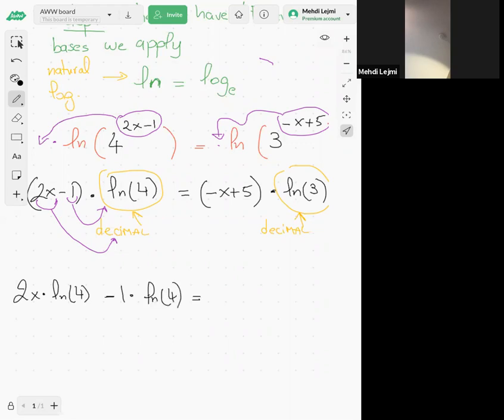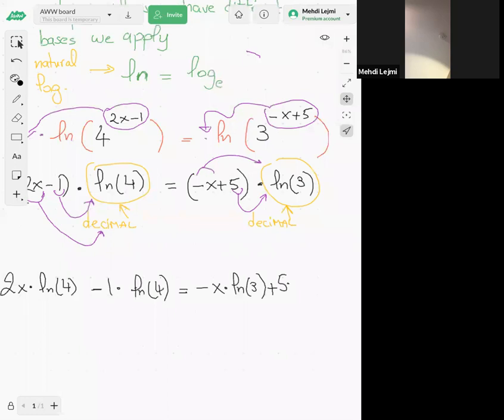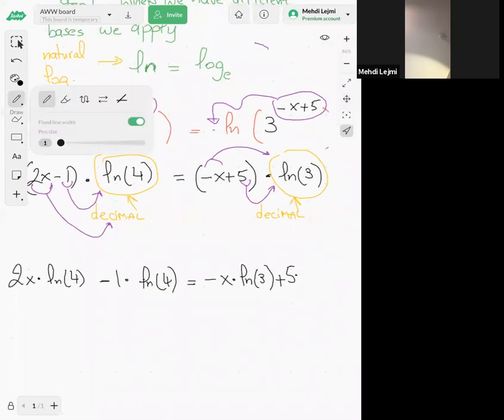The same on the right side. We have this minus x times natural log of 3, and then this 5 times natural log of 3. So it's minus x times natural log of 3 plus 5 times natural log of 3.